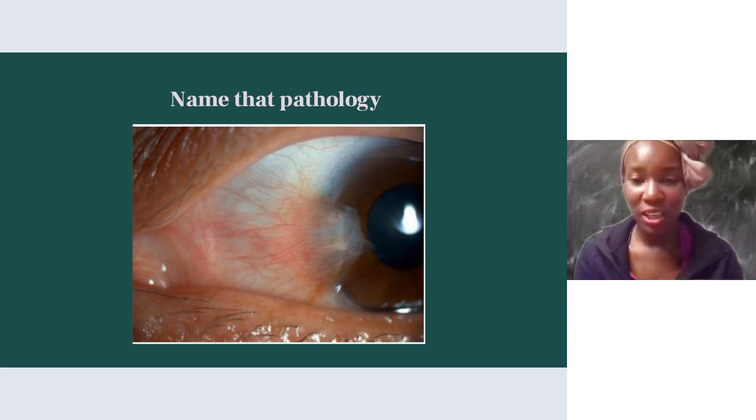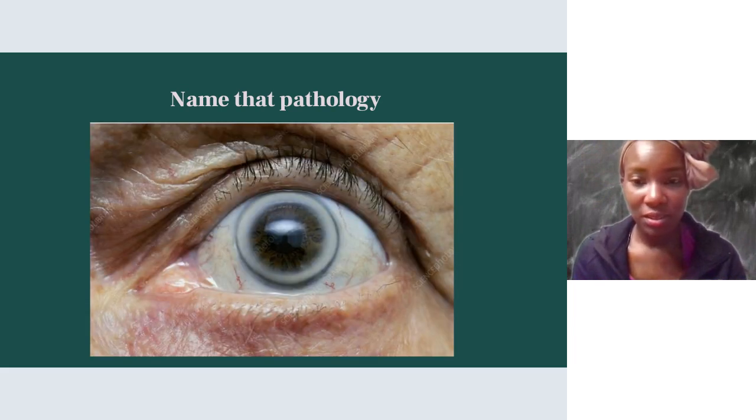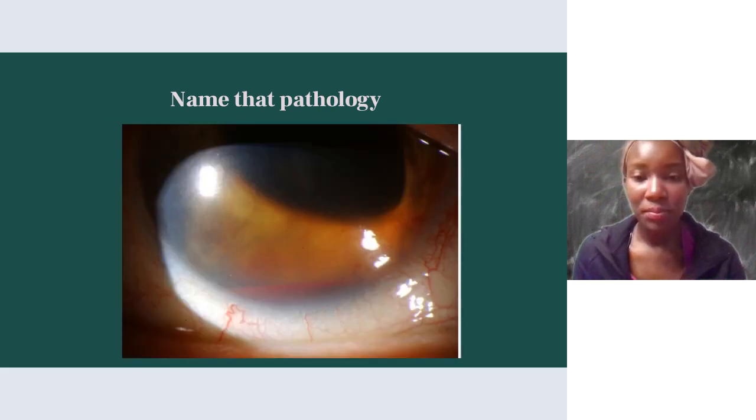Pterygium. Yeah, wedge-like growth or V-like growth, as somebody said earlier. Arcus, great job. Hyphema, great job.